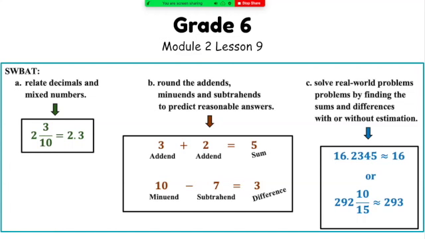Round the addends, minuends, and subtrahends to predict reasonable answers. Students will get caught up in these words. Why not provide them a visual of what that may look like in an equation that they're very familiar with? Solve real world problems by finding the sums and differences with or without estimation. So what I'm doing here is providing a visual of what estimation will look like for this particular lesson.